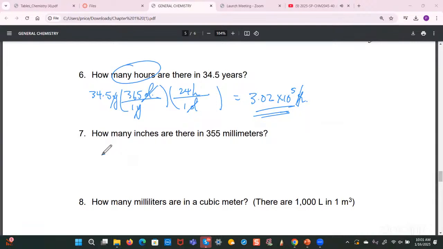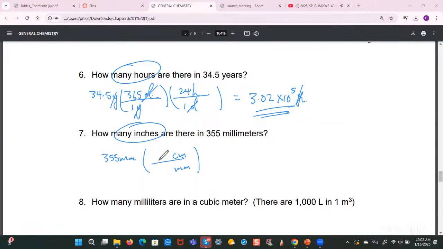Okay, the next one, they gave you 355 millimeters. And you have to convert that to inches. So what do you think the first conversion factor would be? Millimeters to centimeters, probably. Okay, so what goes up top, what goes below? Centimeters on top, millimeters on the bottom. And what would be the numbers?